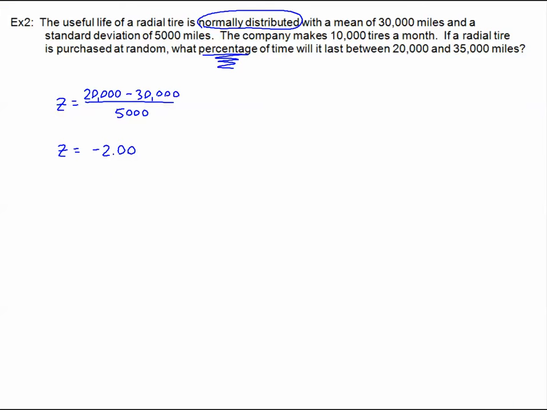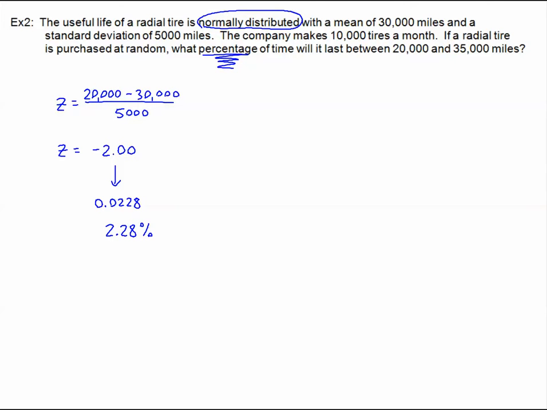So this corresponds to 0.0228, and as a percentage, that's 2.28%. So what we're saying is that only about 2% of tires last less than 20,000 miles. Okay, great.